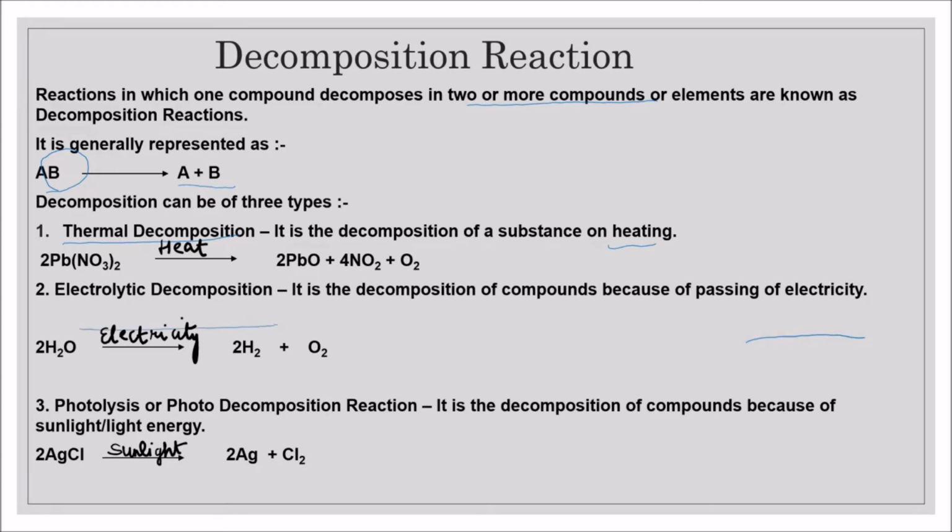As you can see, water here is decomposed into gases, which are hydrogen and oxygen. If decomposition is done with the help of sunlight or light energy, that is called photolysis or photodecomposition reaction. For example, if AgCl, that is silver chloride, is kept in sunlight, it decomposes to form silver and chlorine gas.